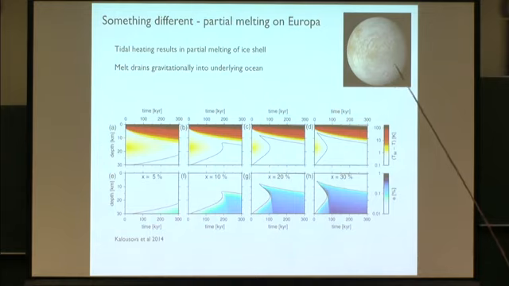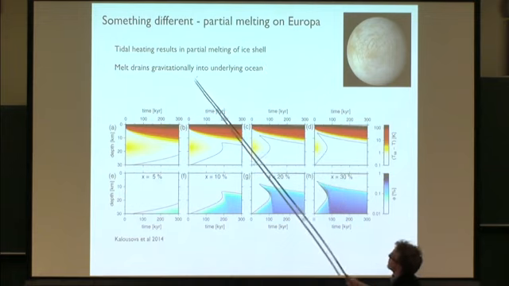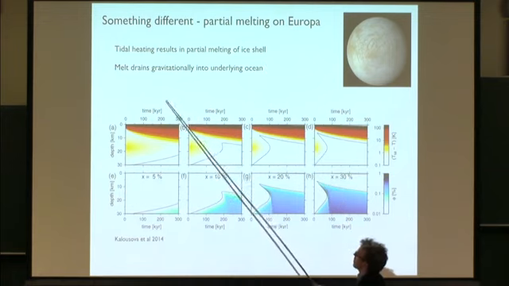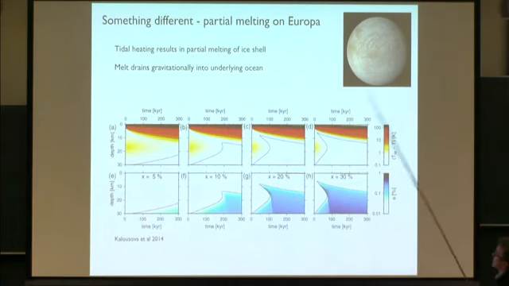The ice is something like 30 kilometers thick, and people believe that it's convecting. It's cold on the surface and warm inside. So the ice is convecting, and as it convects, it partially melts, at least so the claim is. So people have used very similar equations to try and understand the melt that's produced in the icy shell.